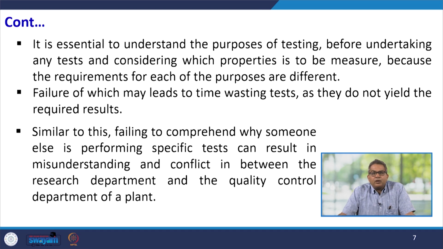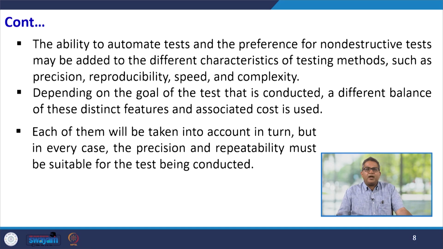Failure to do so may lead to time-wasting tests, as they do not yield the required results. Similarly, failing to comprehend why someone else is performing a specific test can result in misunderstanding and conflict between the research department and the quality control department of a plant.